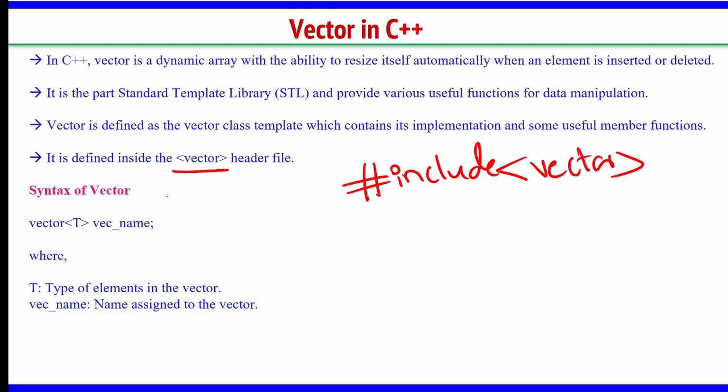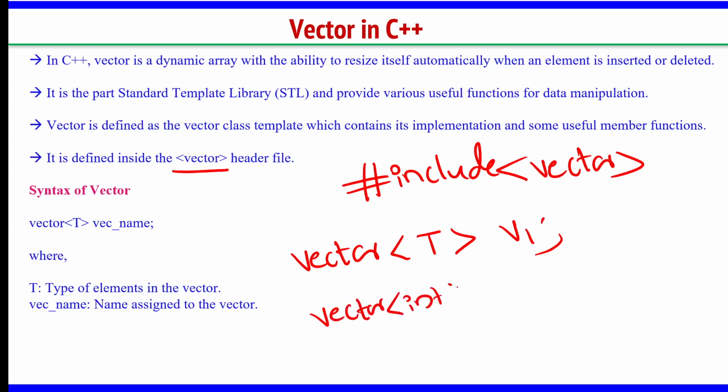Okay. What is the syntax of this vector? The keyword vector, the type t, and the variable name v1. Where t is the type of elements in the vector. So, one example could be vector of int v1. This means you are creating a dynamic size array with the name v1.